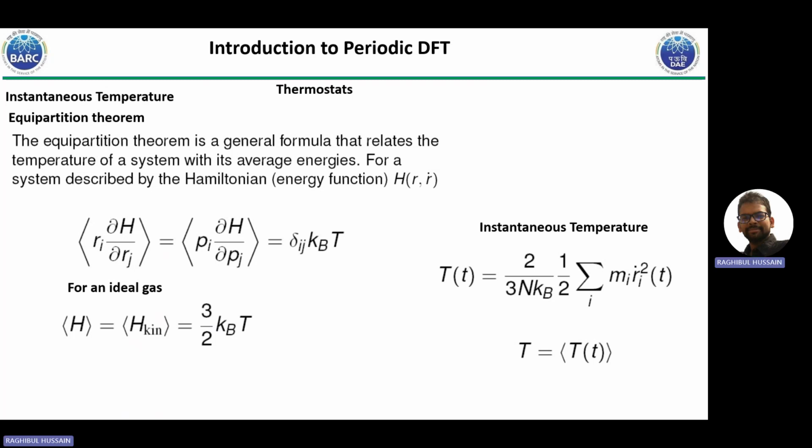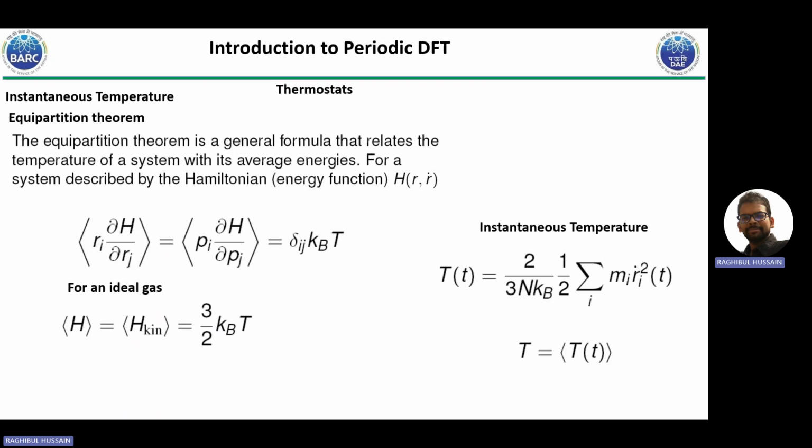Now you can calculate the instantaneous temperature using the equipartition theorem. Yesterday I discussed that from the degrees of freedom you can calculate 3/2 kT, and then with the half kT you will get the instantaneous temperature with respect to the actual temperature of your system.